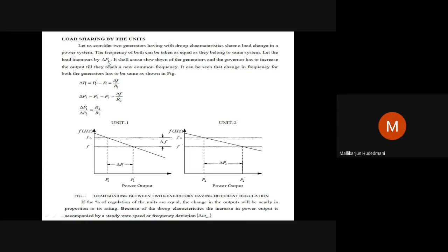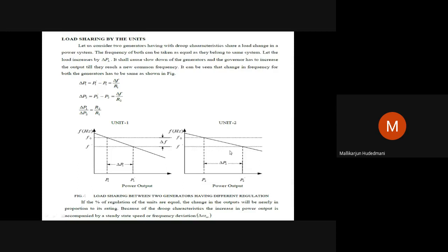Then what is the portion of the 10 megawatt, or delta PL, taken by machine 1? What is the portion of delta PL taken by machine 2? We are trying to work it out. Let us say this delta PL, being a net change, will cause the frequency to fall down. Let F dash be the new frequency.